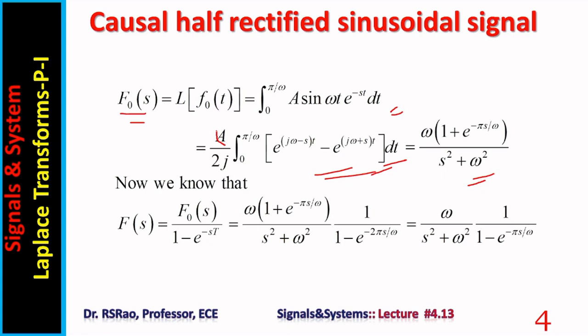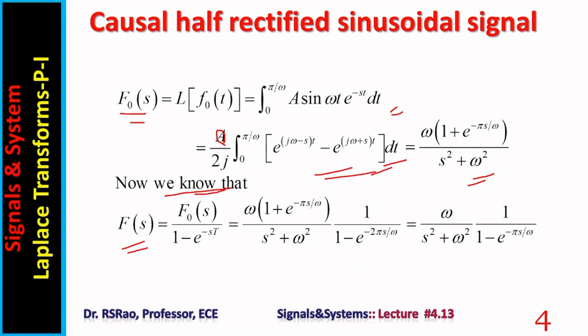Note here a is the amplitude of the sinusoidal signal. Now we know that F of s is the Laplace transform of the complete signal, the causal half rectified sinusoidal signal.